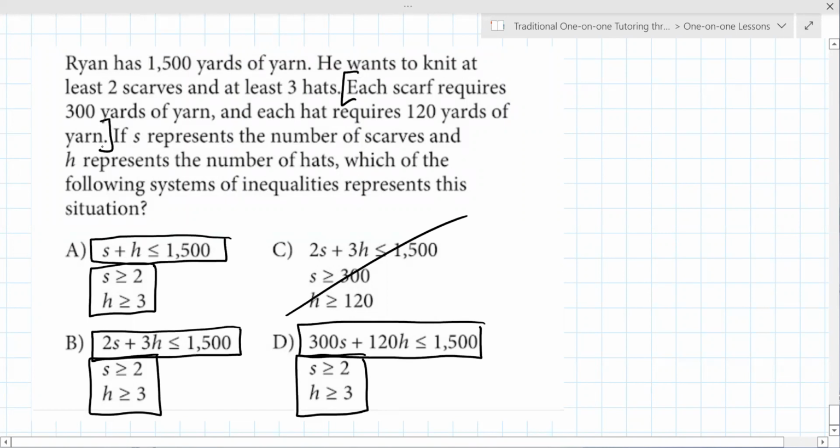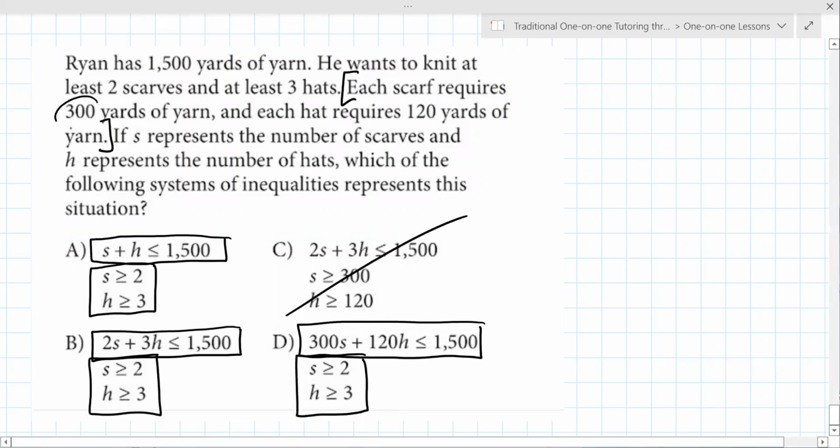Can you read that and tell me which one is correct? I don't think it's letter D.